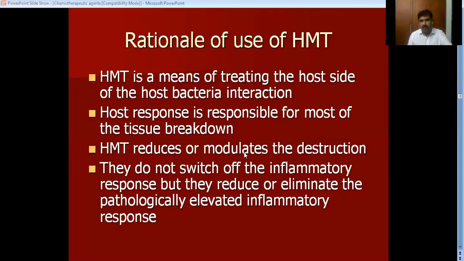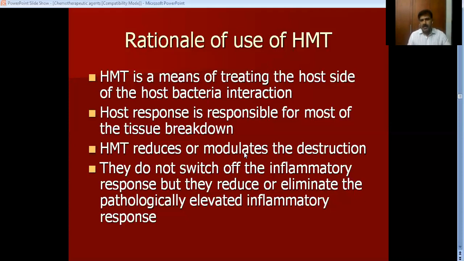So, by host modulation therapy, you are giving certain drugs. These drugs do not switch off the inflammatory response completely, but they reduce or eliminate the pathologically elevated host inflammatory response. So that is what we try to do by means of host modulation therapy.